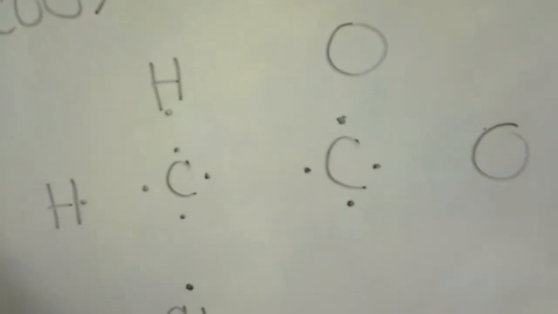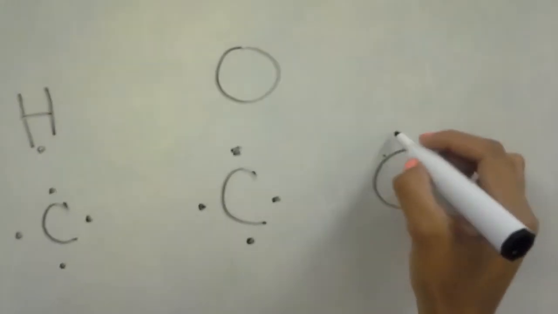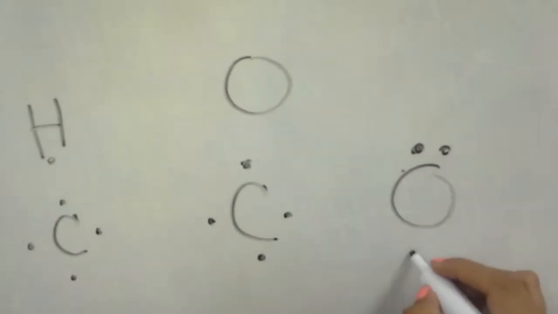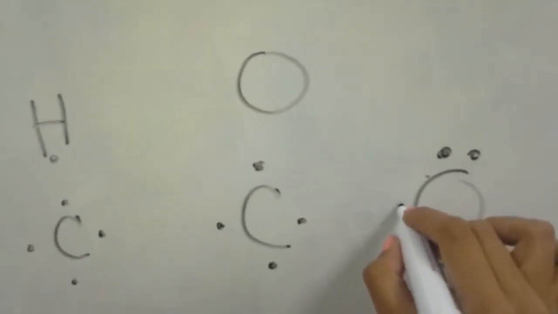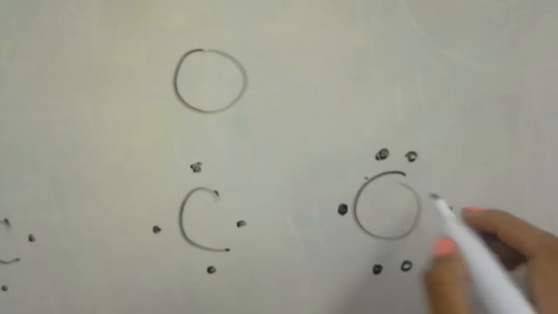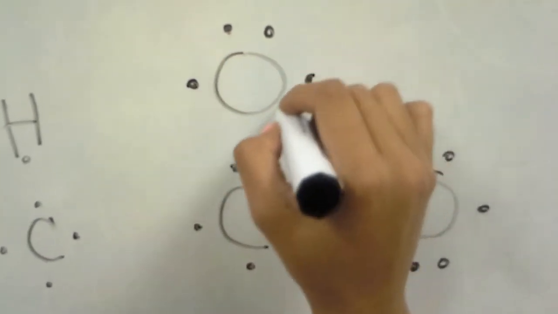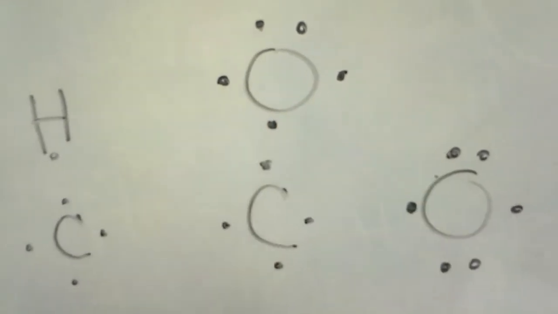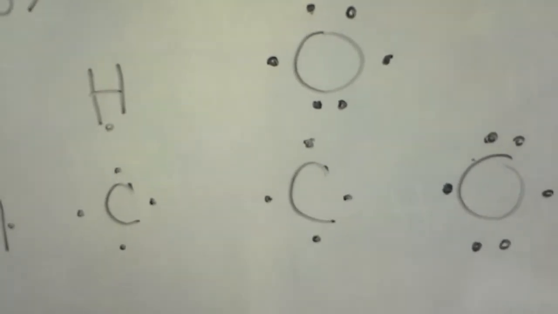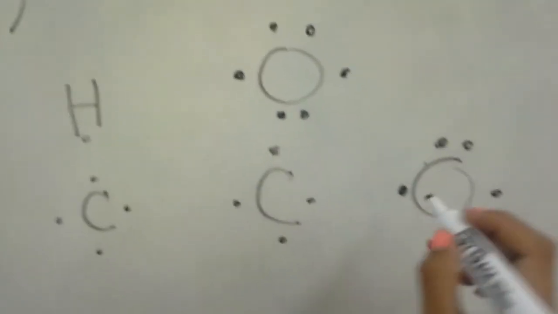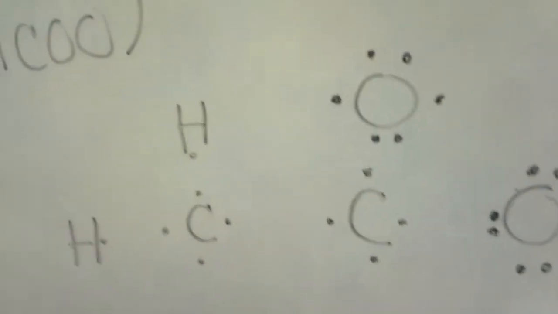And it's negatively charged, so again, you have an extra electron. But first, draw all the valence electrons, don't forget. That's your extra electron. That makes it negatively charged.